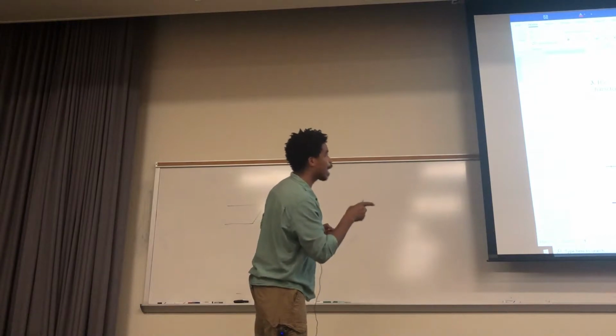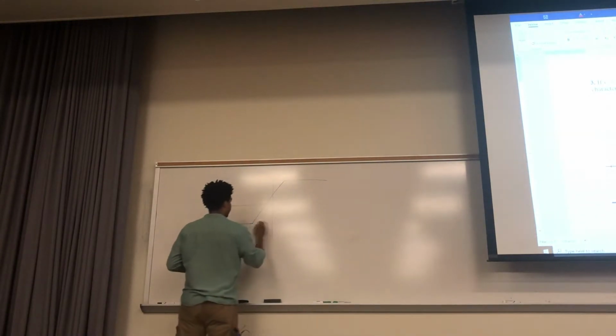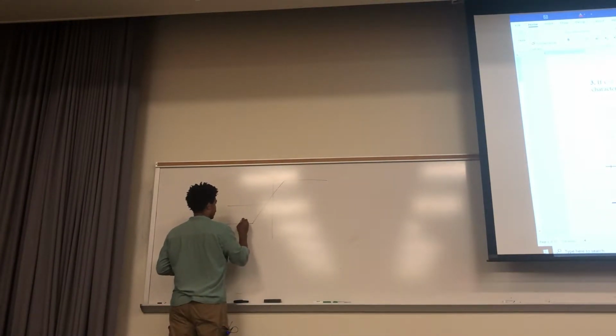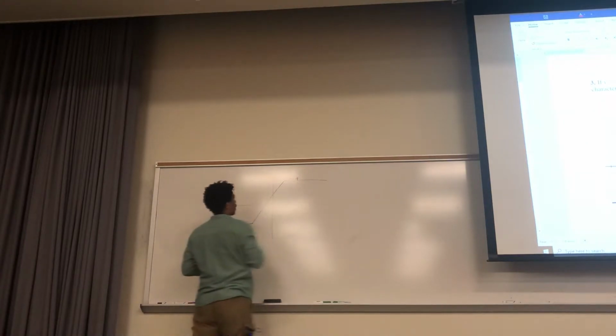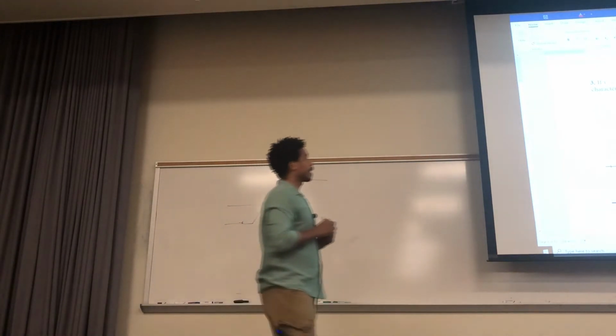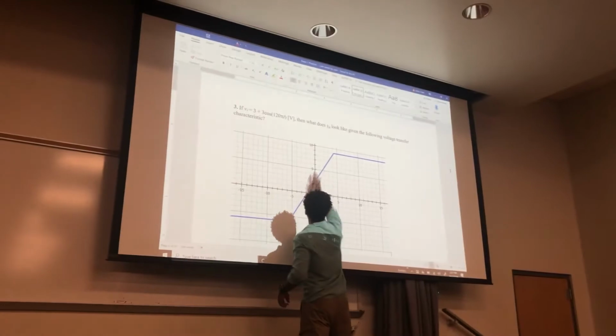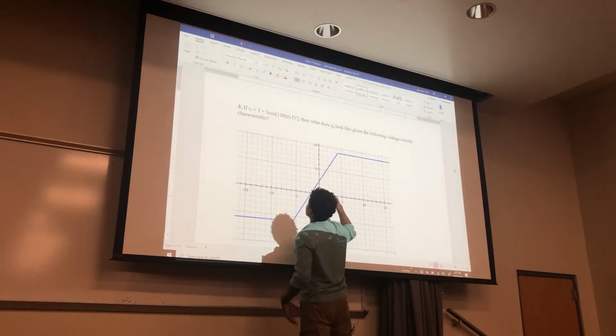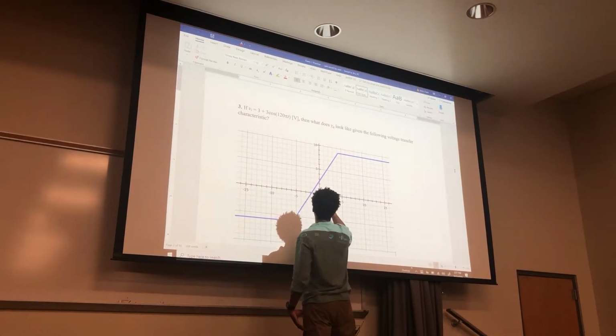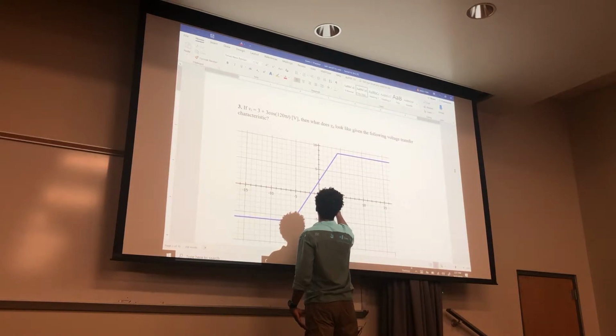If you have 9 on top, -6 on the bottom. So this is -6. That's 9. Okay, so that one right there is your input, right? Here's your output. And so your input's coming in at 3, so 0, 1, 2, 3.